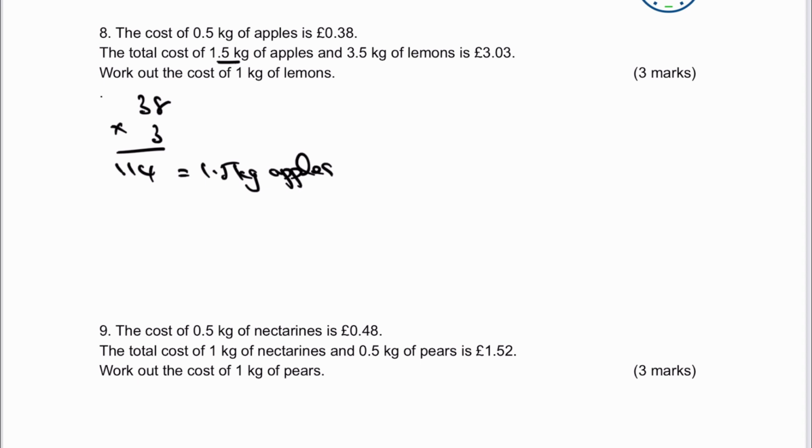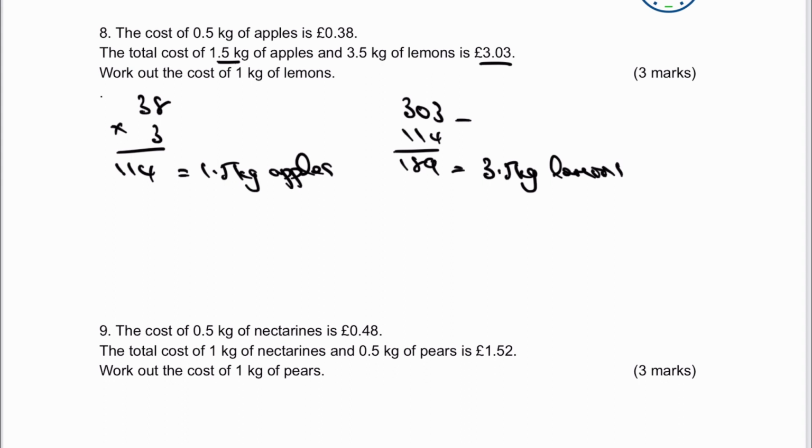Okay, so therefore the difference between £1.14 and 303 is going to be the cost of the 3.5 kilograms of lemons. So let's work that out. I've got 303 minus 114 is going to give me 189, which is the equivalent to 3.5 kilograms of lemons.